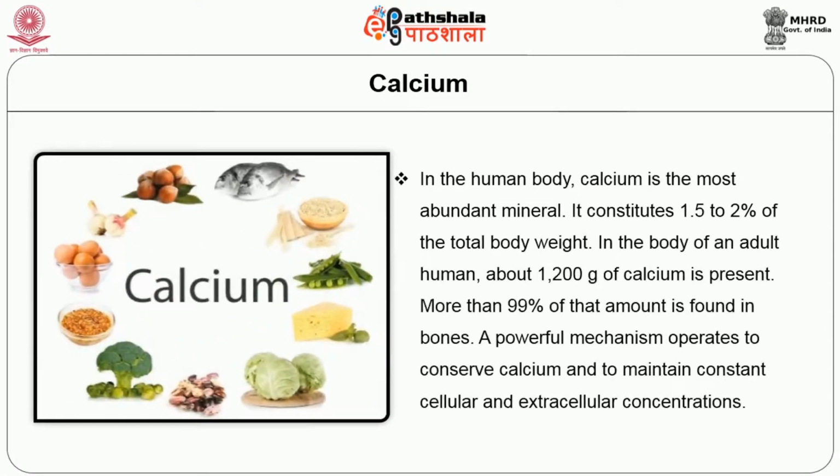In the human body, calcium is the most abundant mineral. It constitutes 1.5 to 2% of the total body weight. In the body of an adult human, about 1200 gram of calcium is present. More than 99% of that amount is found in bones. A powerful mechanism operates to conserve calcium and to maintain constant cellular and extracellular concentrations.